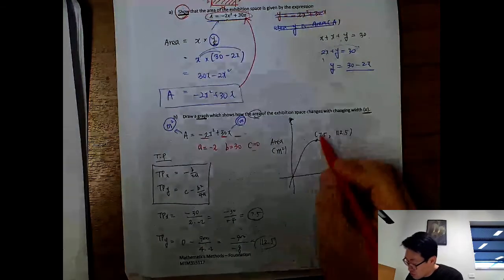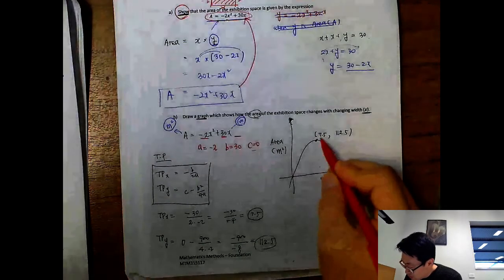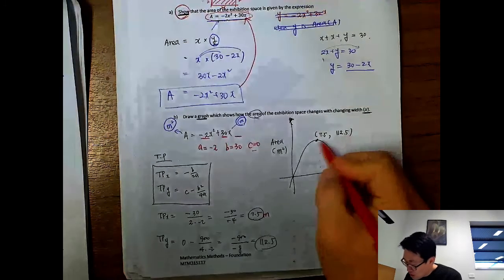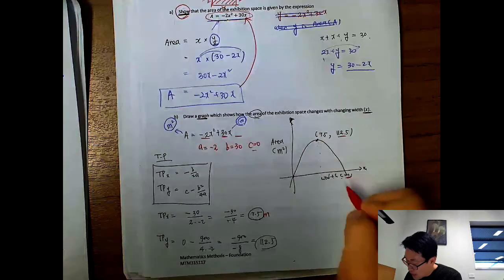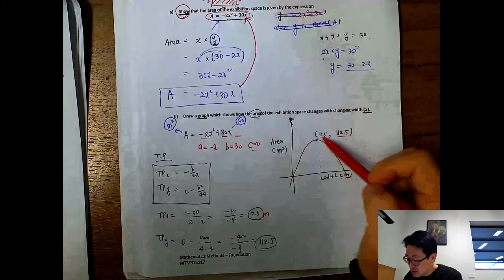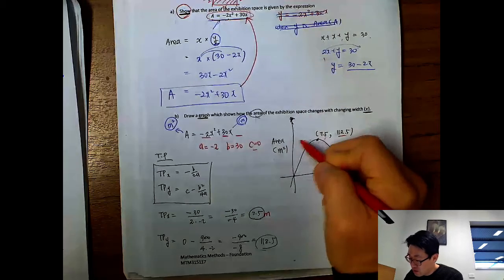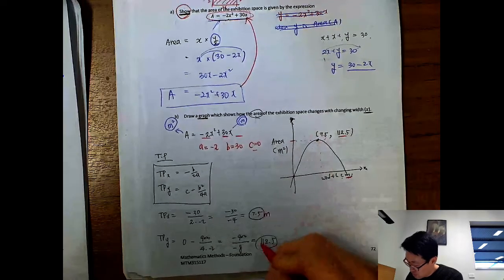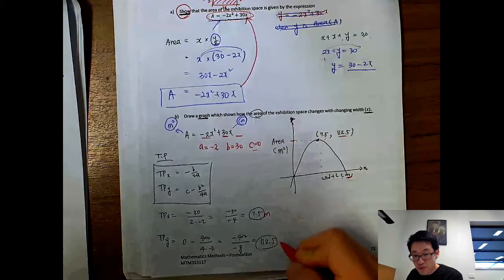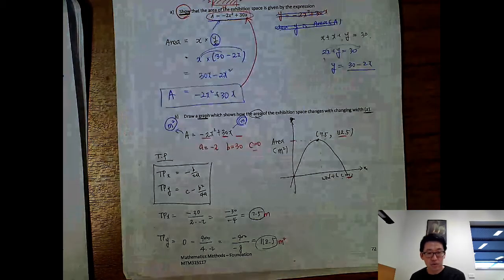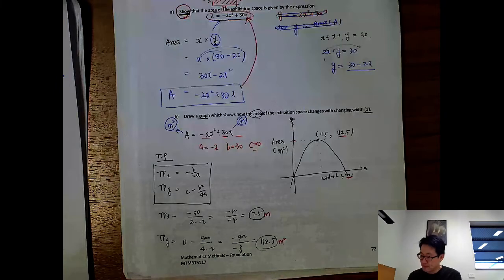So x is what? 7.5 meter. That's the width. And y is, when x is 7.5 meter, the area becomes maximum, 112.5 meter square. That's what they're telling me here.